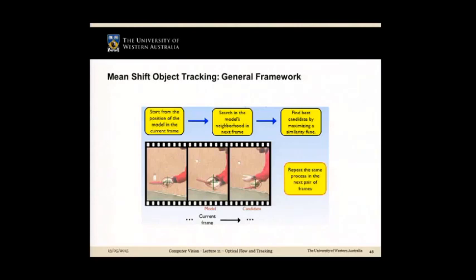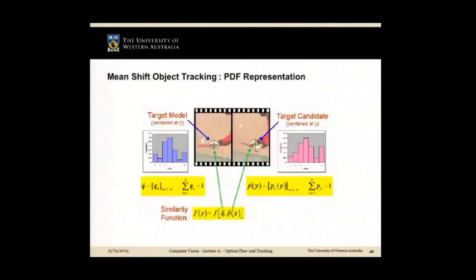So you have some feature in the first frame, you compute the same feature in the next frame, you compute their similarity, and using that similarity you get the highest score, the best match, and you go to the next frame. Let's say in the previous frame we have a color histogram, and in the next frame we compute another histogram for the same location or the same model.